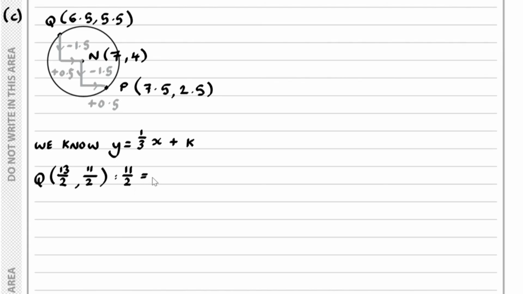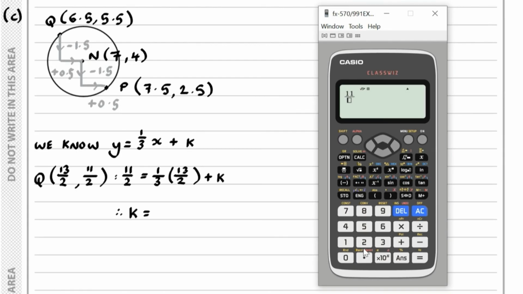This is equal to 1/3 lots of x. So perhaps if we put a bracket here, x is 13 over 2, and then we add on k, from which we can find out what k is. We've got 11 over 2, take away 1/3 lots of 13 over 2, which is 10 over 3.